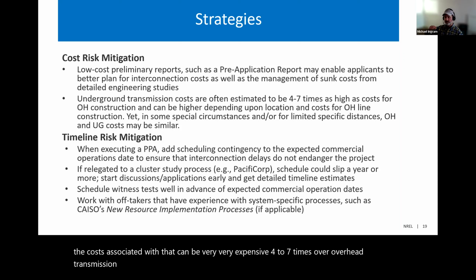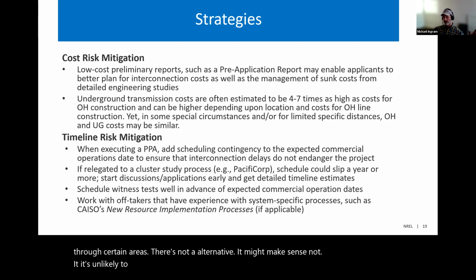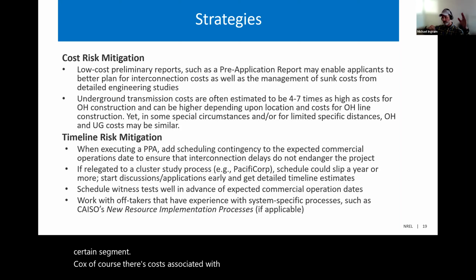But in some cases, if it's balanced against a go, no-go type of decision through certain areas, where there's not an alternative, it might make sense. It's unlikely to make sense for an entire transmission corridor, but it may make sense for a certain segment. Of course, there are costs associated with the transition from overhead to underground, but the economics may work out.